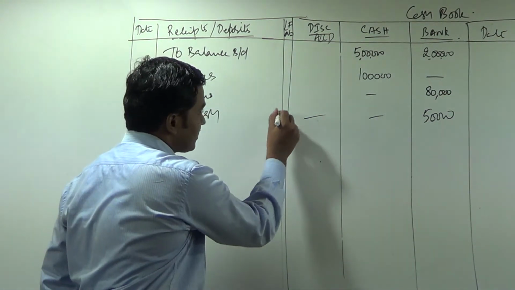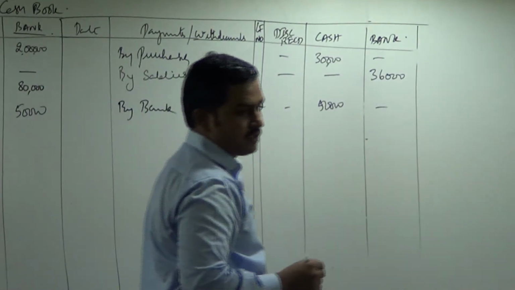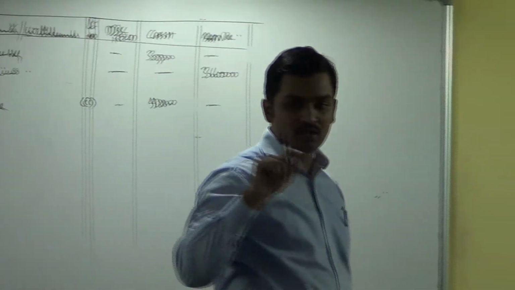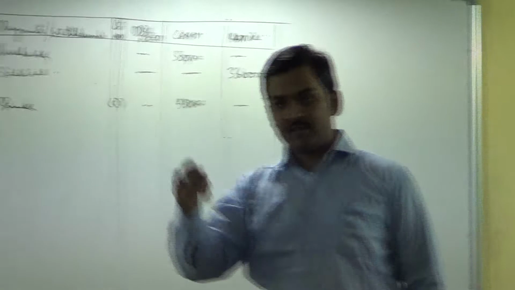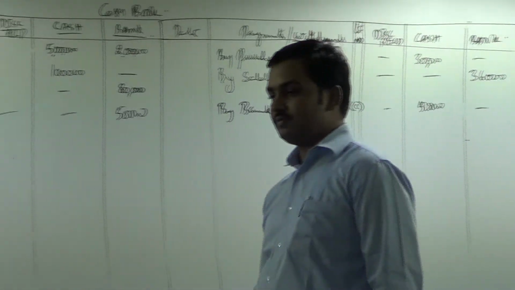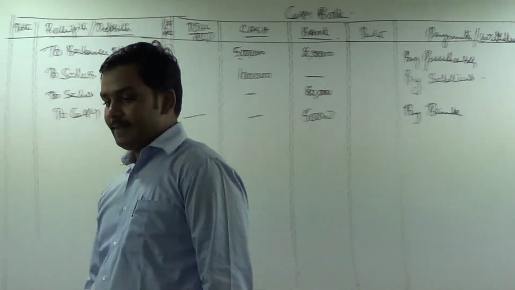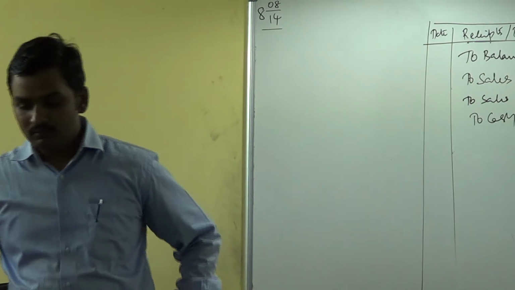So just put a symbol C, contra entry. That means if you want to refer to the other posting, you need not go to any other book. Refer to the same book on the opposite side. C means see the opposite side.